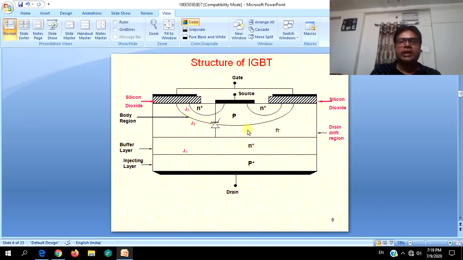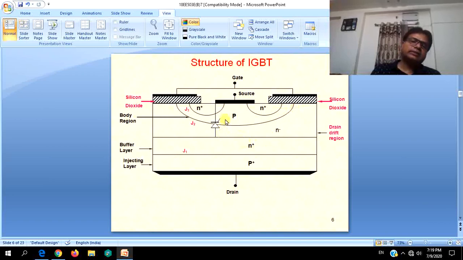Next comes again the P layer, and finally the N plus, again heavily doped regions of N nearer the source and gate. This inner N minus layer is called the drain drift region. The main conduction takes place through this body region.